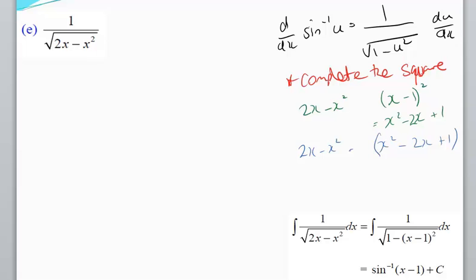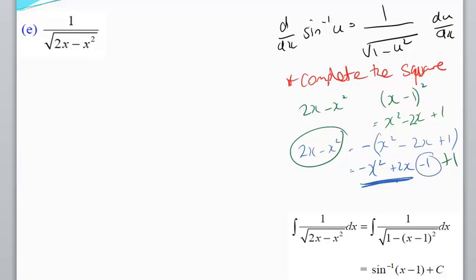If we take a minus out the front, we're going to end up with minus x squared plus 2x minus 1. So this part is all the same, x squared plus 2x, we've just got a minus 1. If we add 1, we end up with exactly what we have on this side here.